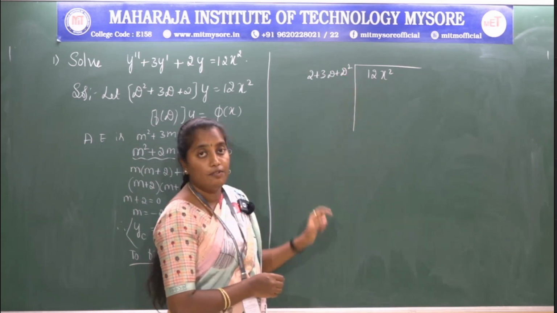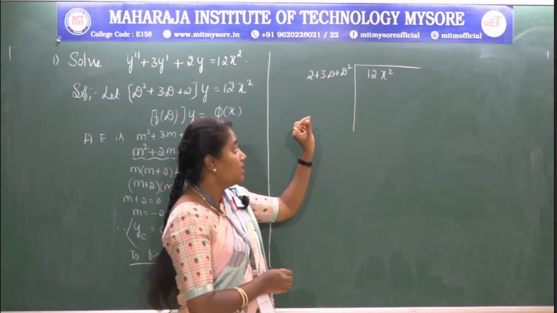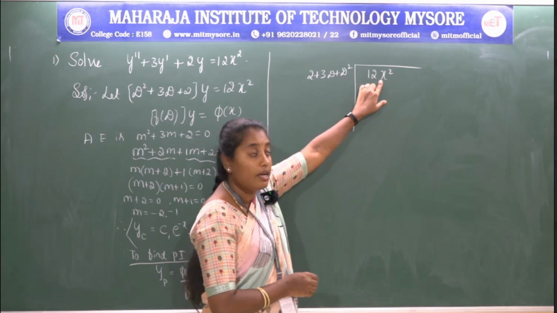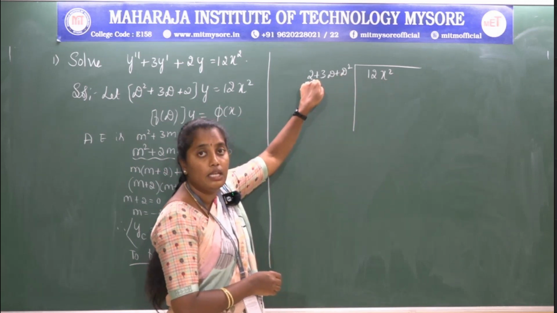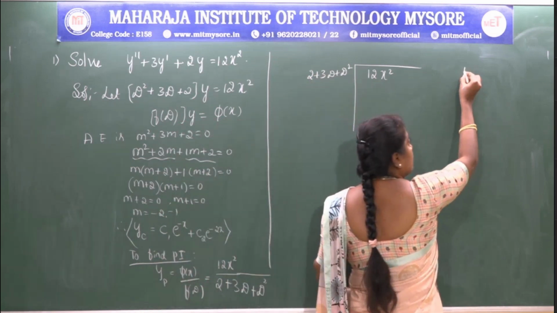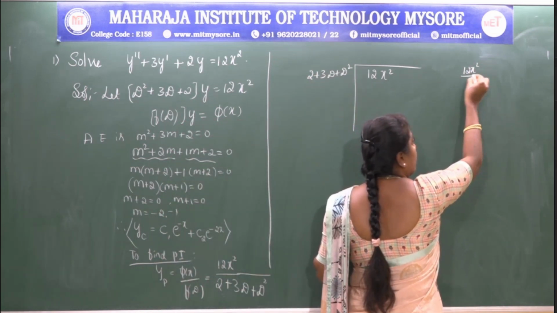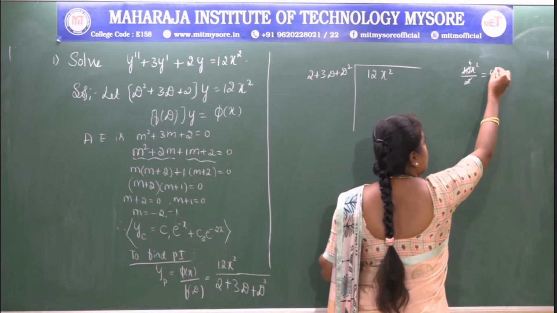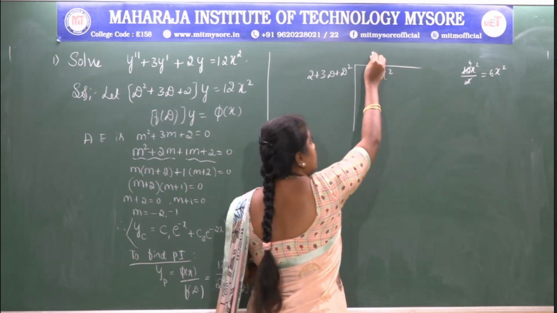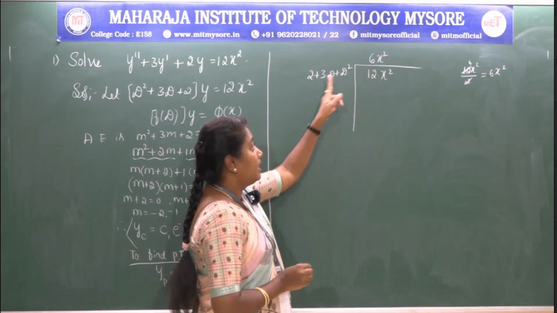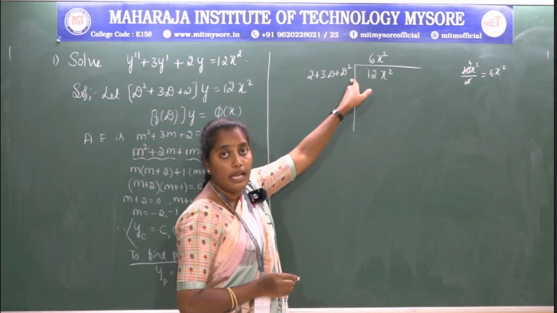To write each coefficient value, we have to divide the first element of the dividend by the first element of the divisor, that is 12x square by 2, which is equal to 6x square. The first quotient element is 6x square. Now multiply 6x square with all these elements.